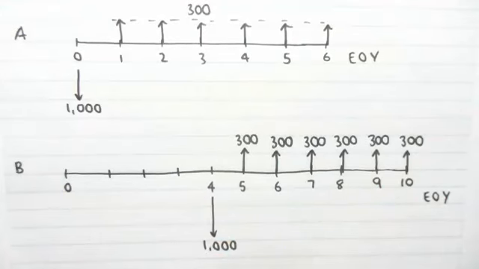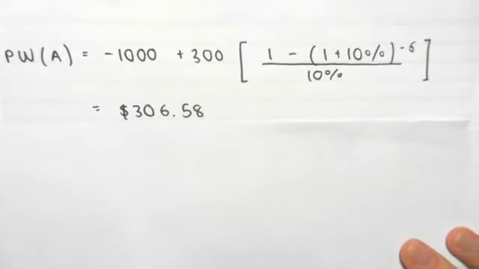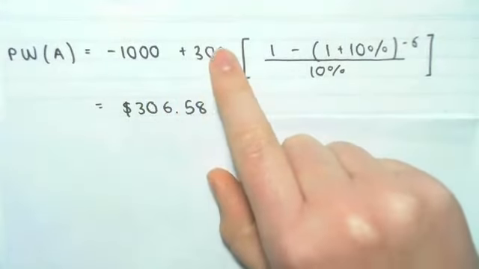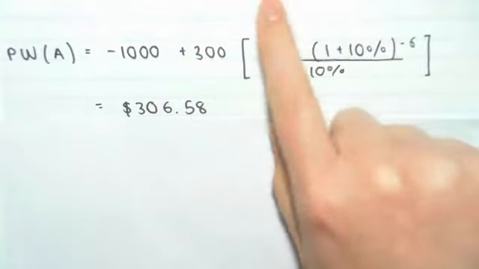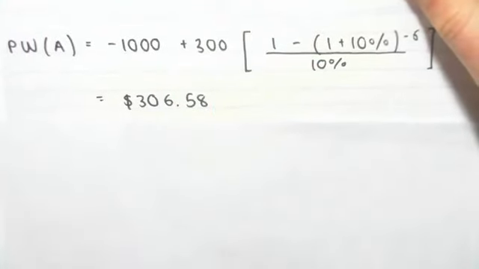I'll do the first. So with a MARR of 10%, we've got the first, which is just a $1,000 outlay in year 0 and a $300 annuity for 6 years. So we get a present worth of $306.58.